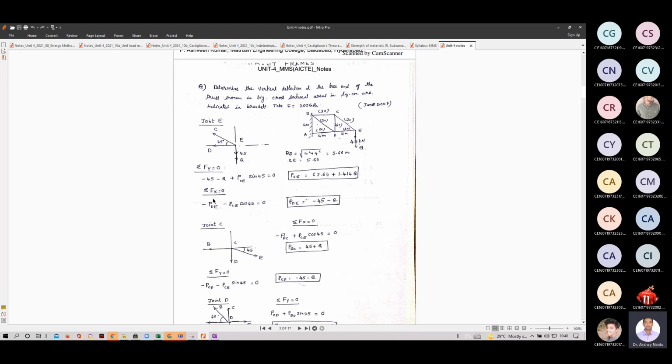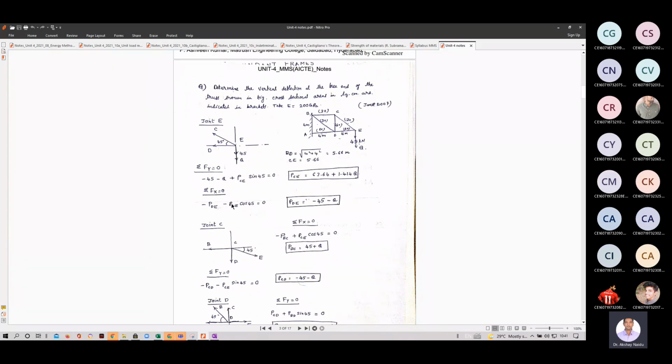Then when you do sigma Fx equal to 0, this PCE, he has written force as P. So PCE cos 45 plus PDE is 0. So PDE will be PCE cos 45, and PCE cos 45 and PCE sin 45 are the same thing.